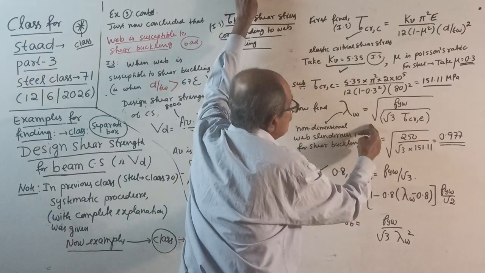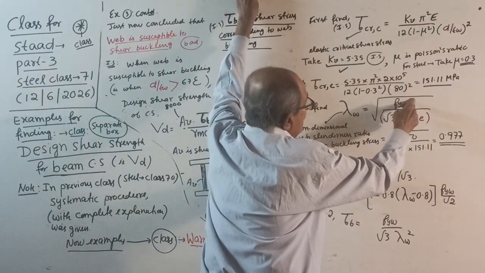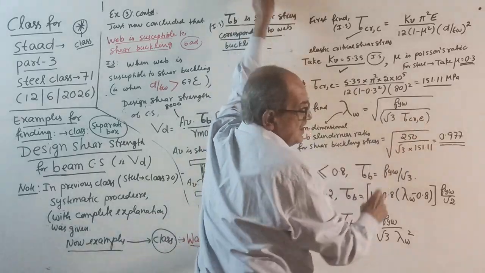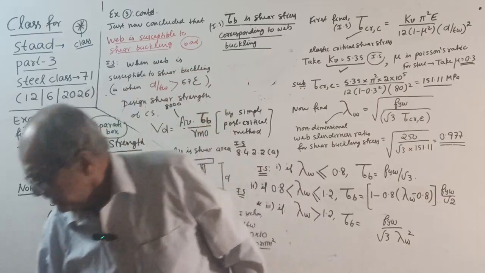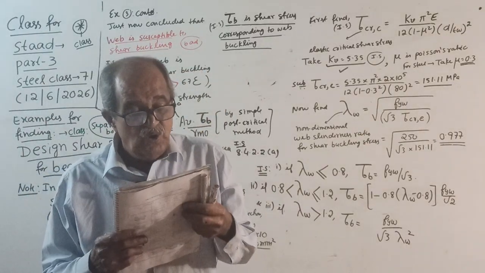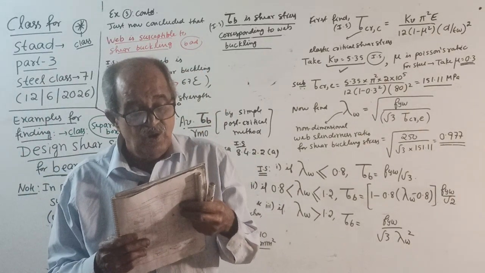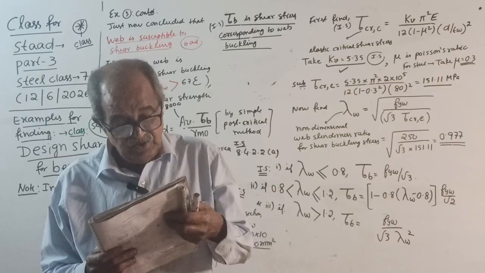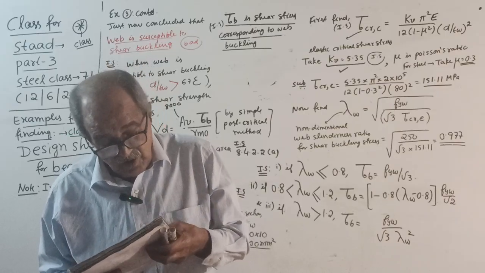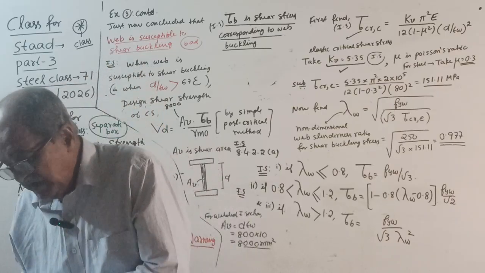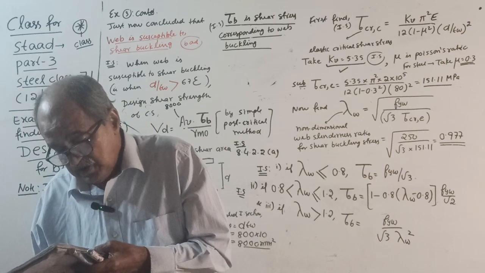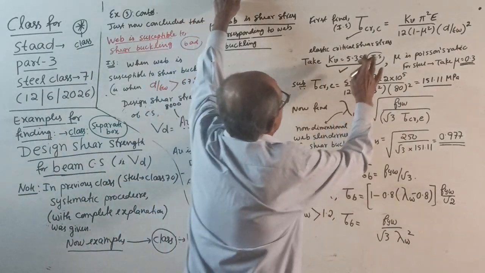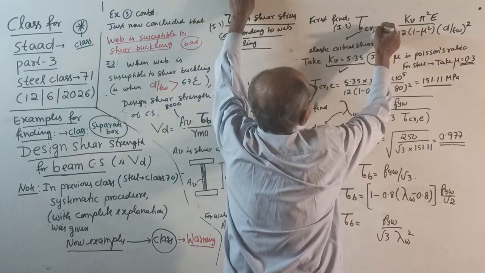non-dimensional web slenderness ratio for shear buckling stress. But somewhat same as lambda only, slenderness ratio, but something special. The formula is square root of fyw by root 3 into tau CRE. Is it tau CR C or E? The print is not clear. It is tau CRE, not C. Okay, elastic.